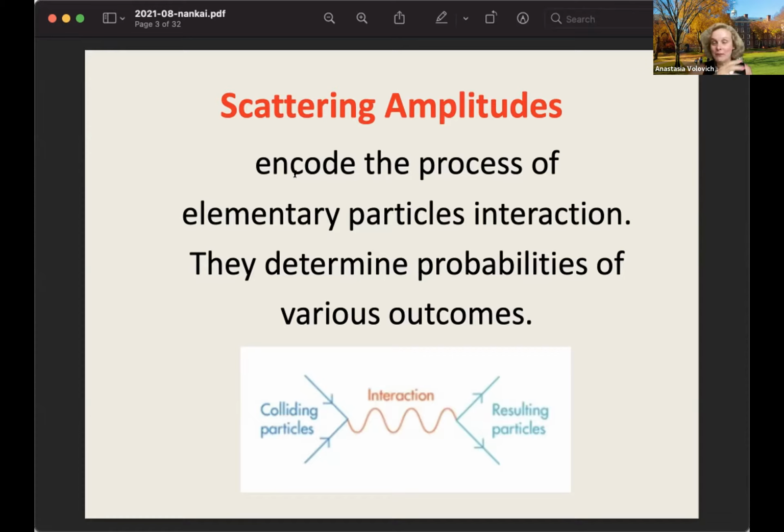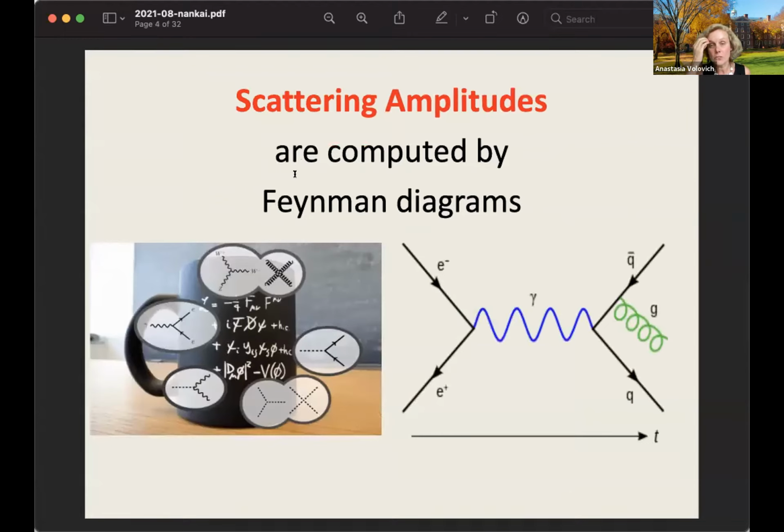You have something in and something coming out, and you want to know the probability of that event happening. Now, to compute those scattering amplitudes in quantum field theory, we use Feynman diagrams. We have the Standard Model, we have a Lagrangian, which supposedly is supposed to fit on the cup, but it actually doesn't. So this is just very schematic.